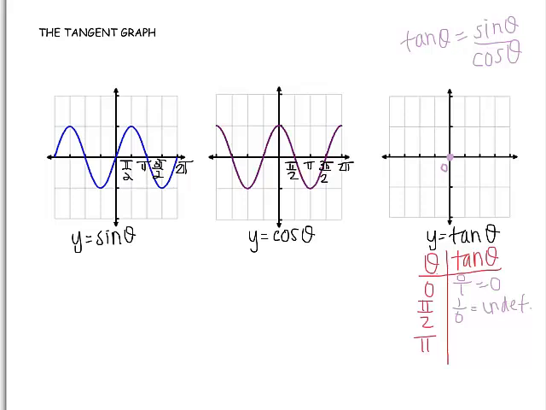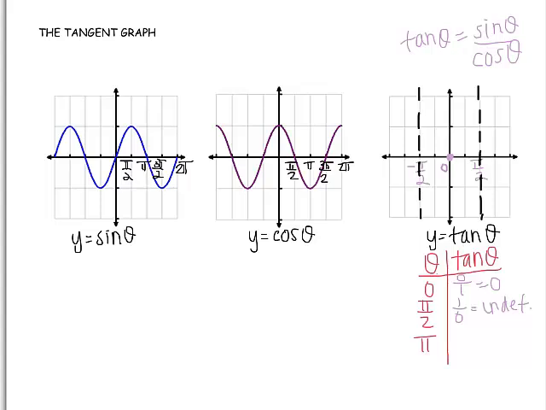So on the tangent graph, at pi over 2, so label this with pi over 2 here, I'm going to draw in a vertical asymptote, just like that. Okay? So now that's going to happen on the other side because this tangent curve is symmetrical. So I'm also going to put a vertical asymptote at negative pi over 2.